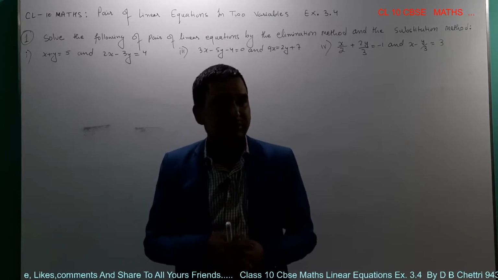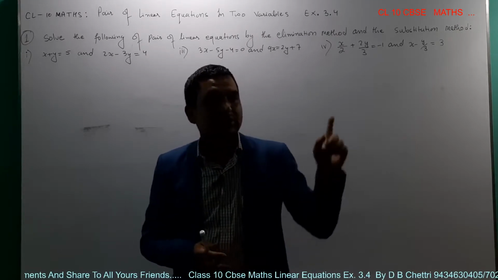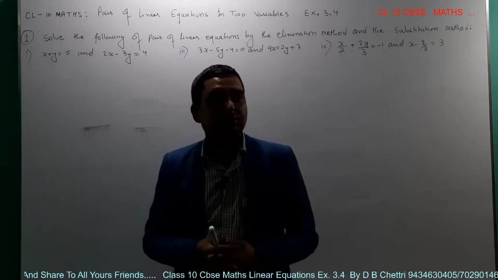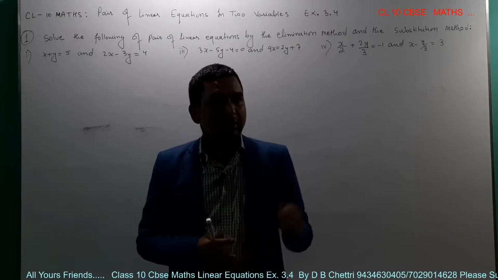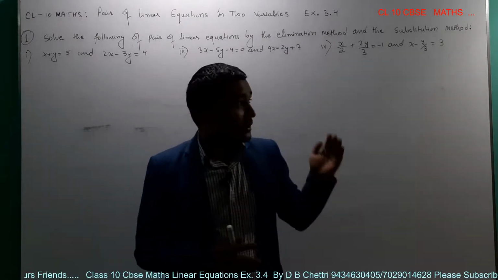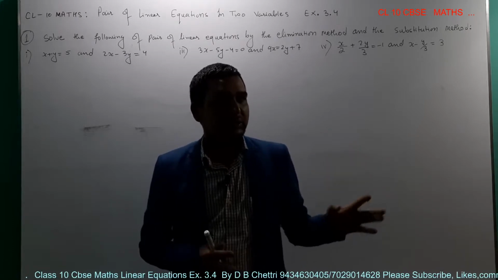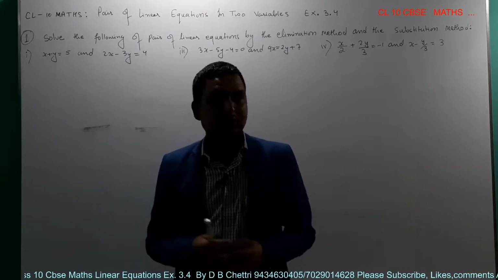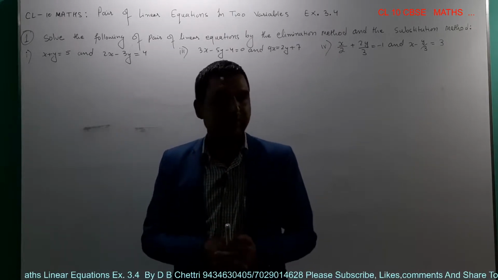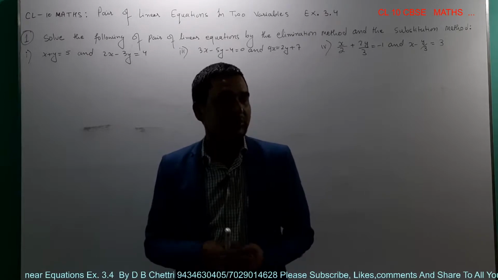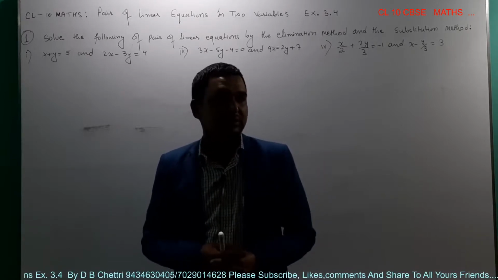If you missed the previous exercise videos, please go through the playlist by clicking the I button. Today's session we are going to learn only the elimination method. For the substitution method, that is your home task. Please complete all the questions by the substitution method. If you want to know how to solve a pair of linear equations by substitution, please go through the previous video.